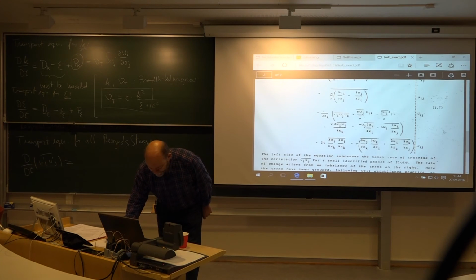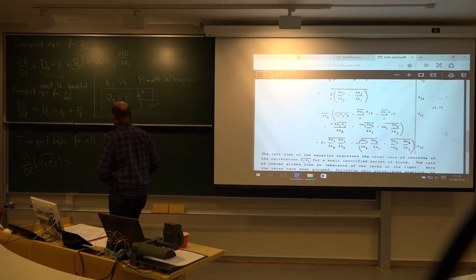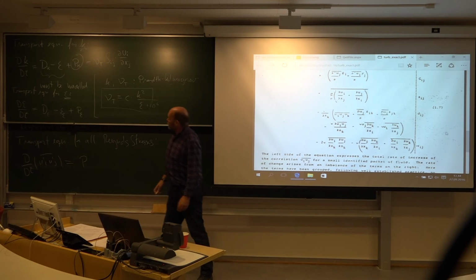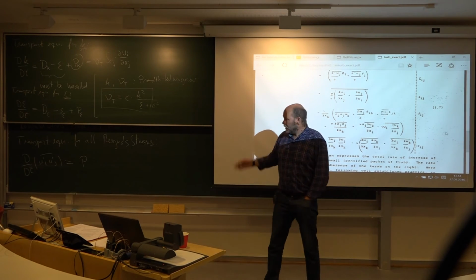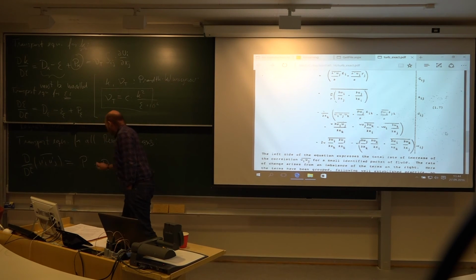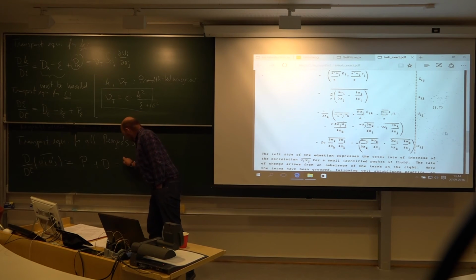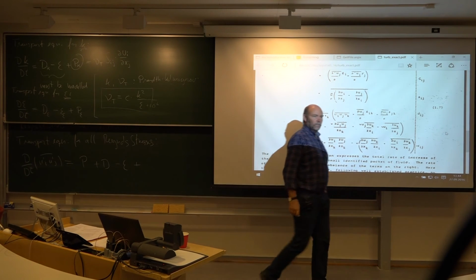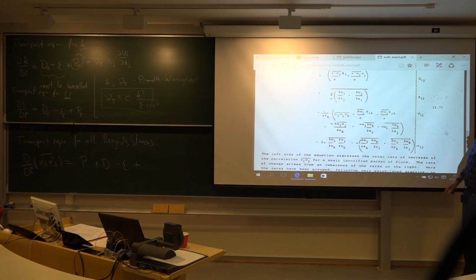But when we look at all these terms, we will have the same layout of a transport equation. You will have a production term, you will have a diffusion term, you will have a dissipation term, and then we have something new. We have something called phi ij.